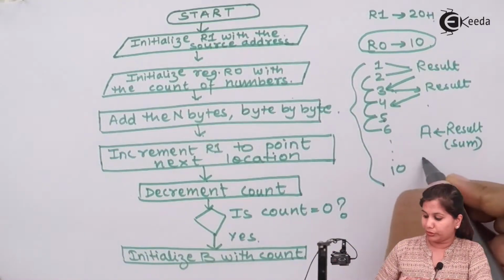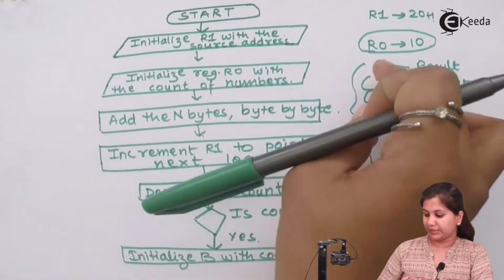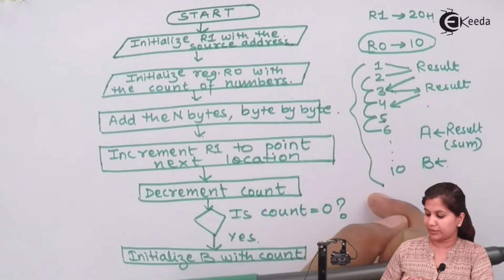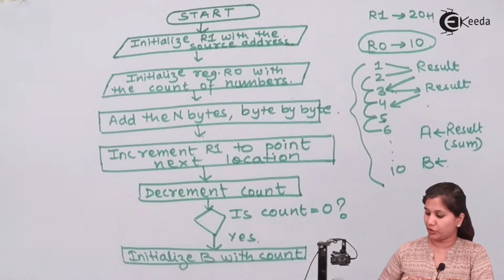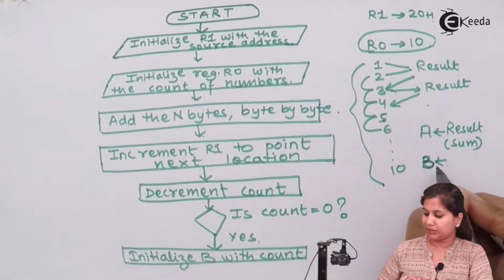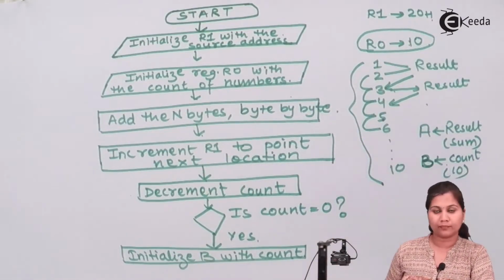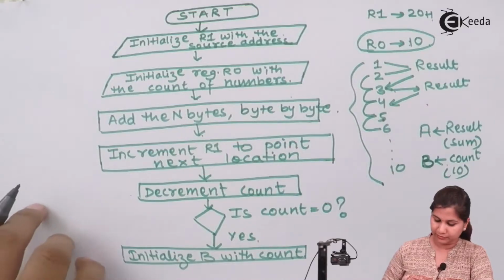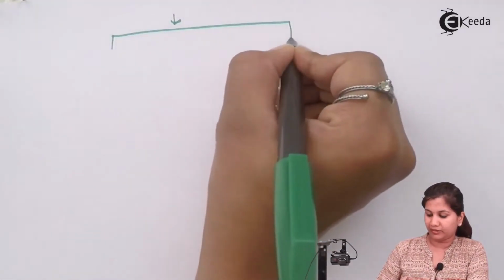Now we want to divide it by the total number of elements present, that is 10 numbers, so the sum is to be divided by 10, and only then will we get the average. So we will initialize this B with the count, that is 10. After that we will find the average.